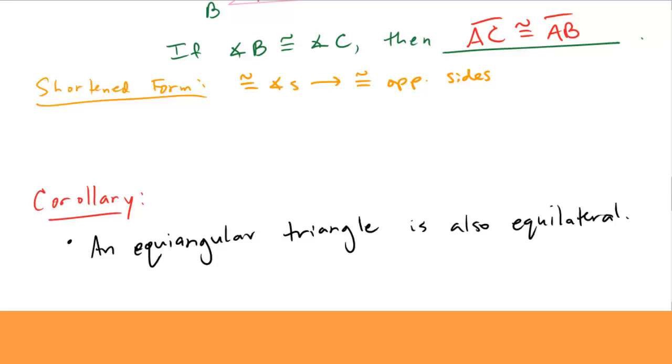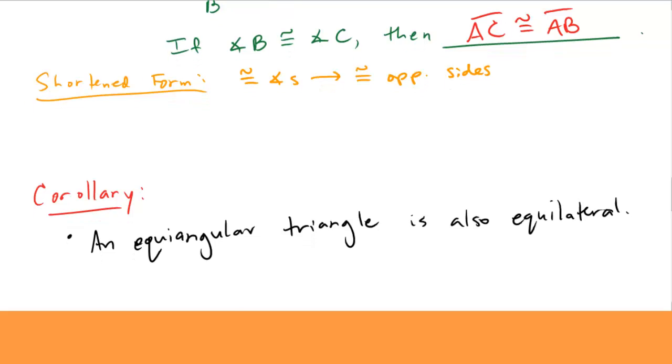One corollary to this theorem: an equiangular triangle is also equilateral, which is the converse of the corollary we stated earlier. It said an equilateral triangle is also equiangular. So now if we know we have three congruent angles, we can take different pairs of those angles and know that the sides opposite those angles are congruent, so we can get that the whole triangle is equilateral.